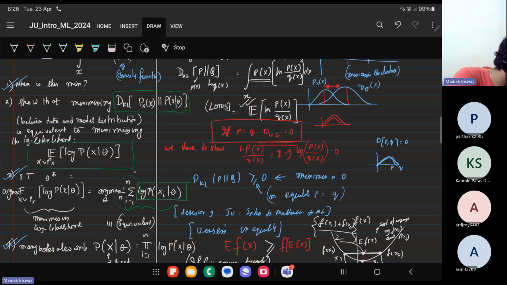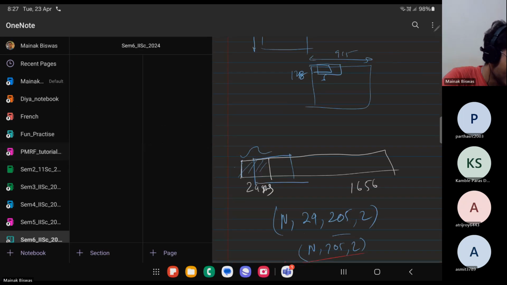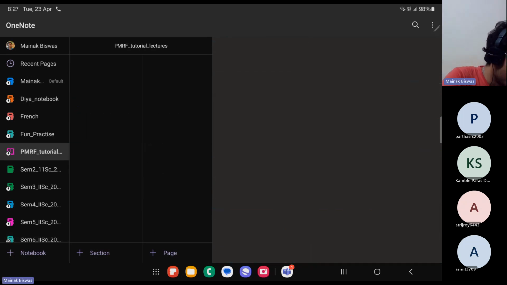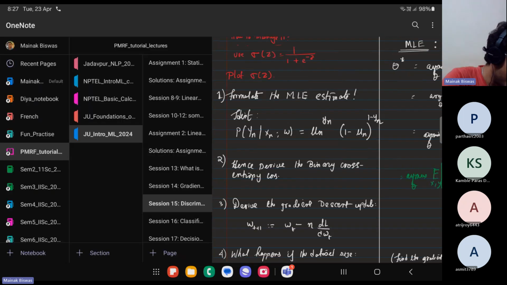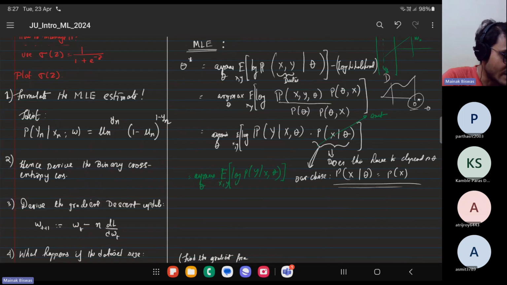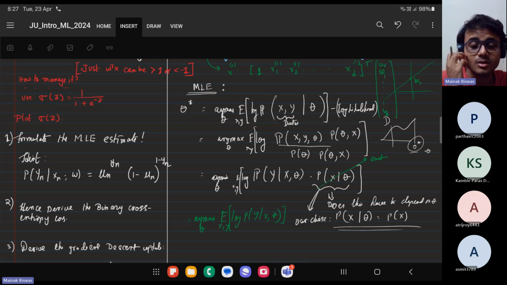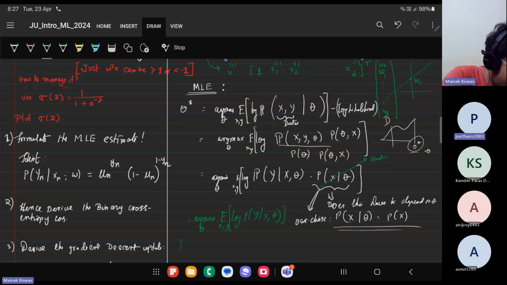Again, this was your normal log likelihood, dividing by 1 by n. So when I'm taking this expectation, what is it an expectation over, is my question. It's an expectation over the data set, right? Normally you are taking probability of x given theta.